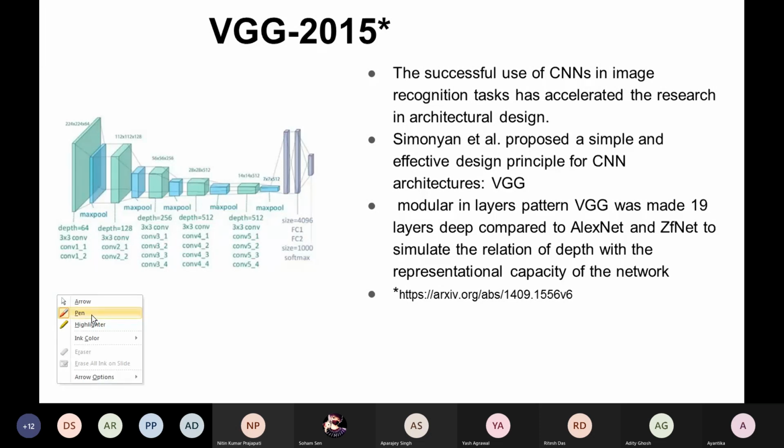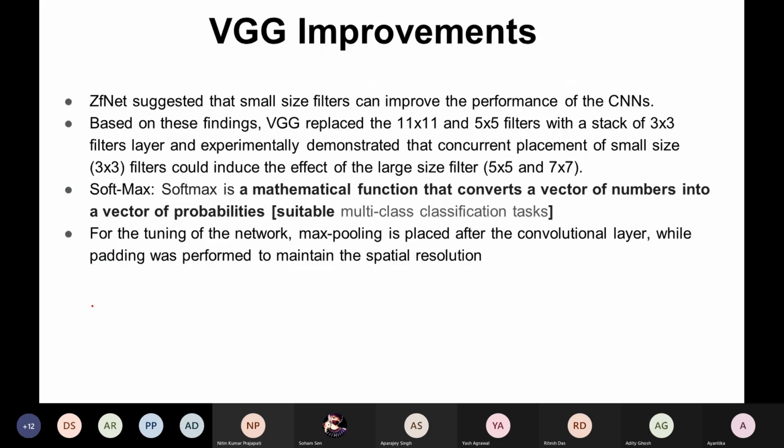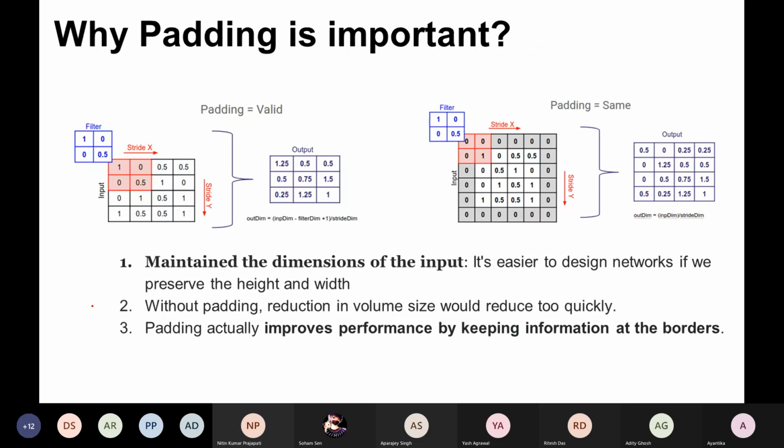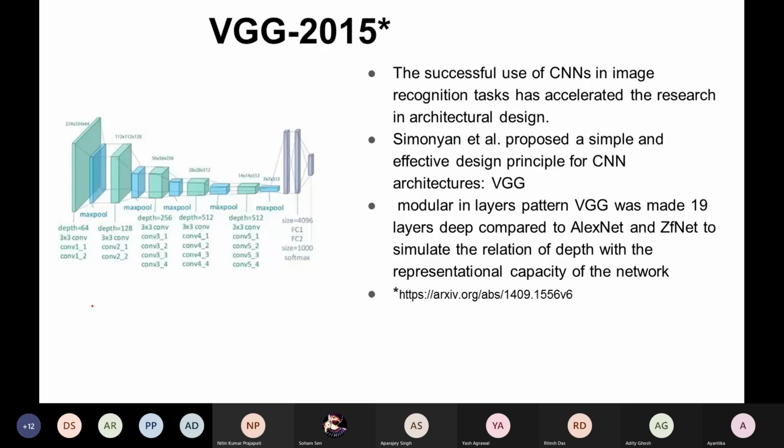In the case of VGG, we will see what types of changes were considered. VGG and GoogleNet are the outcome of a CNN challenge. At that time VGG stood second, and GoogleNet came up as first.